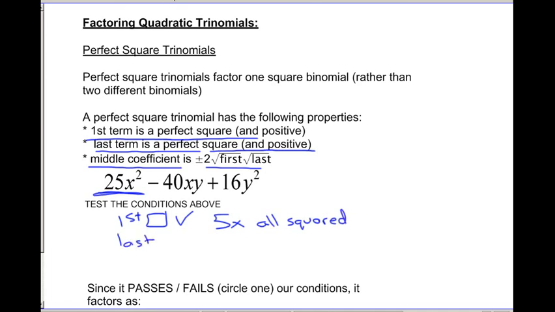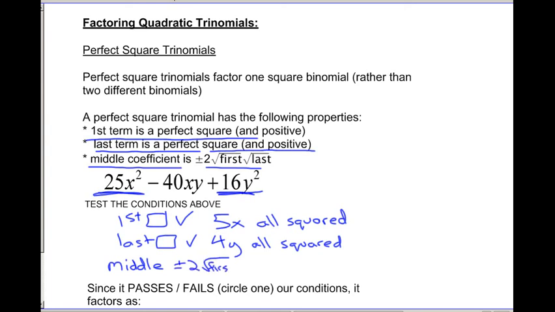The last term, the 16y squared, is that a perfect square? Absolutely. It's 4y all squared. And is the middle either positive or negative 2 times the square root of the first times the square root of the last?